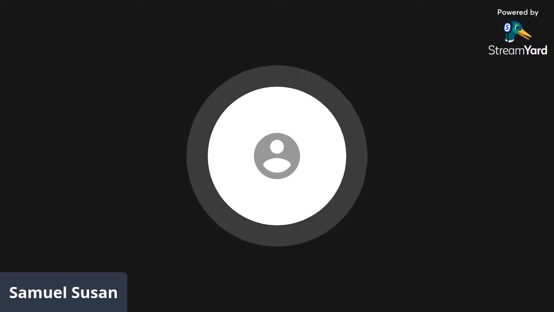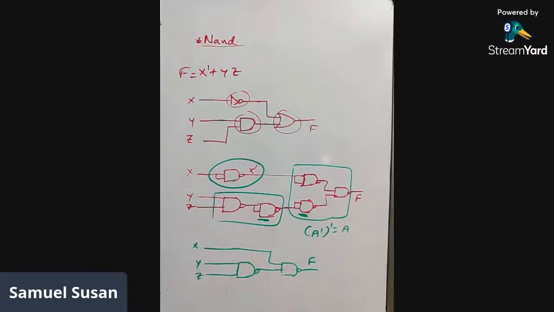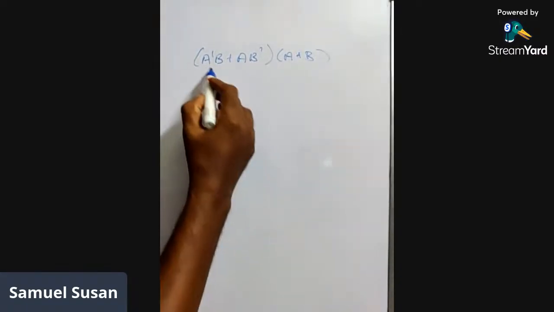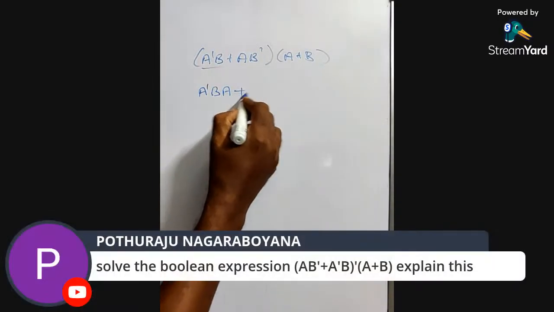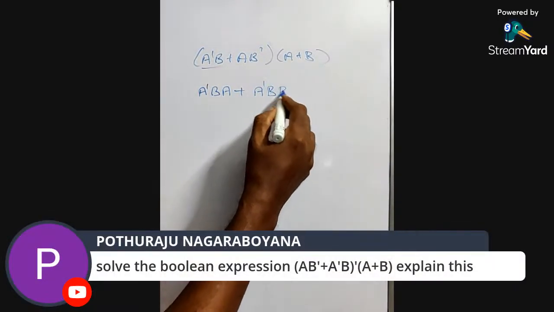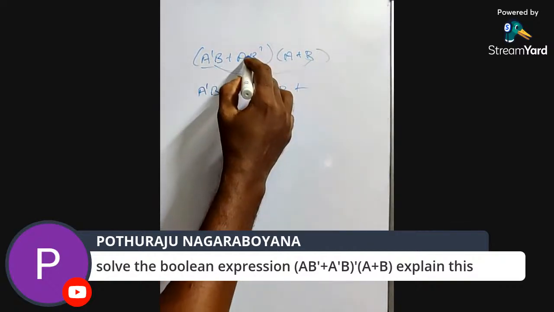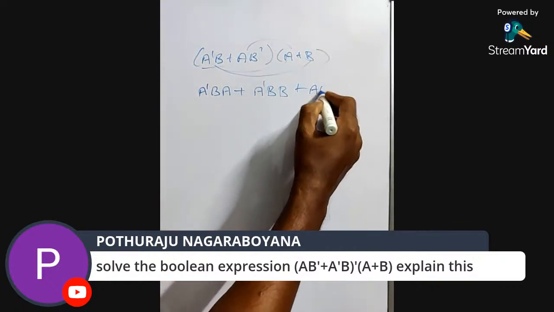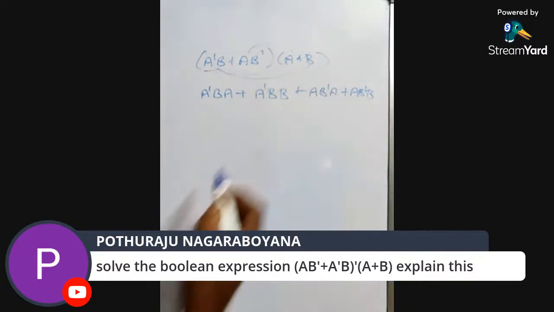Right here, the question asked is this one: a dash b plus a b dash, into a plus b. If you multiply this, this is a dash b into a plus a dash b into b, and then a b dash into a plus a b dash into b.